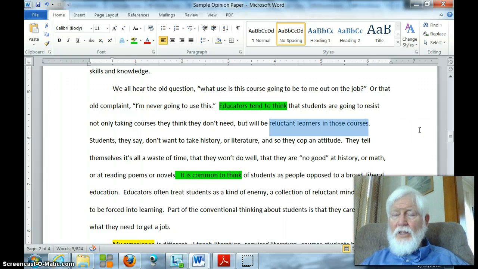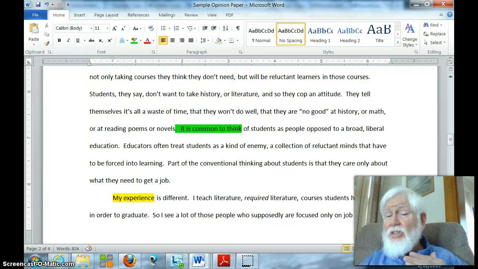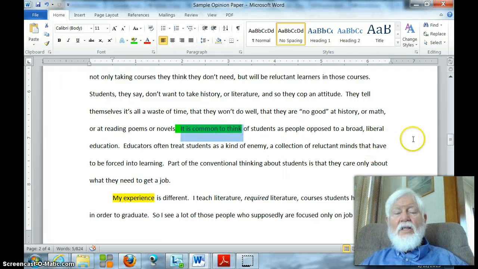Notice the progression here in the development of the topic from the general to the more specific. And then finally, all right, this is the writer's conclusion about what they say about this specific topic, folks. It is common to think of students as people opposed to a broad liberal education.